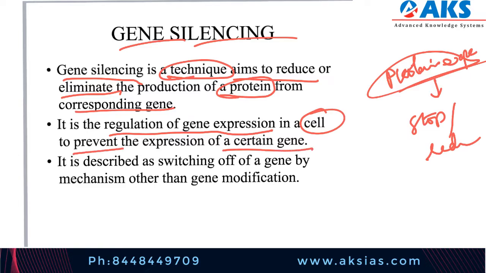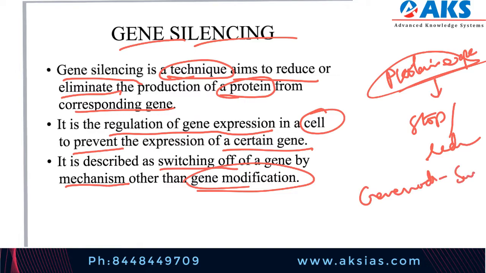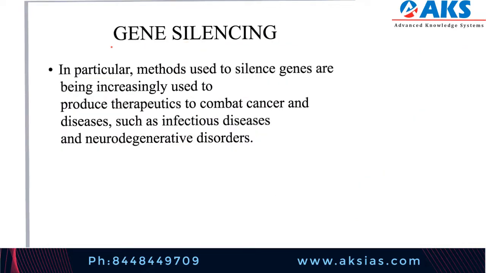a certain gene. It is described as switching off of a gene by mechanism other than gene modification. In gene modification also we try to switch off the gene, but here we are trying to slow down the process, that is gene silencing. What is the purpose of gene silencing?